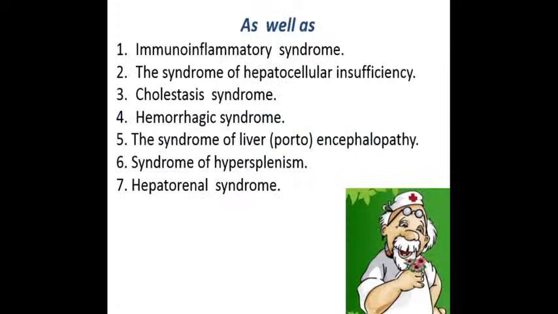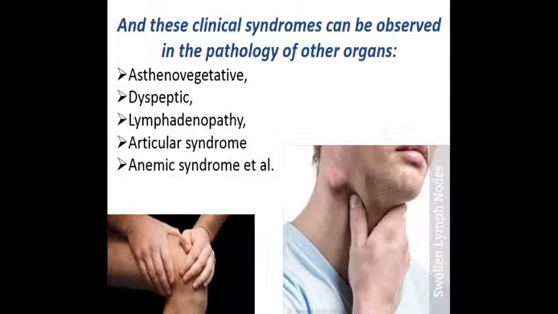Next, a patient with pathology of the liver may have other syndromes: immunoinflammatory syndrome, the syndrome of hepatocellular insufficiency, cholestasis syndrome, hemorrhagic syndrome, the syndrome of hepatic encephalopathy, the syndrome of hypersplenism, hepatorenal syndrome, and many others. This clinical syndrome can also be observed in pathology of other organs.